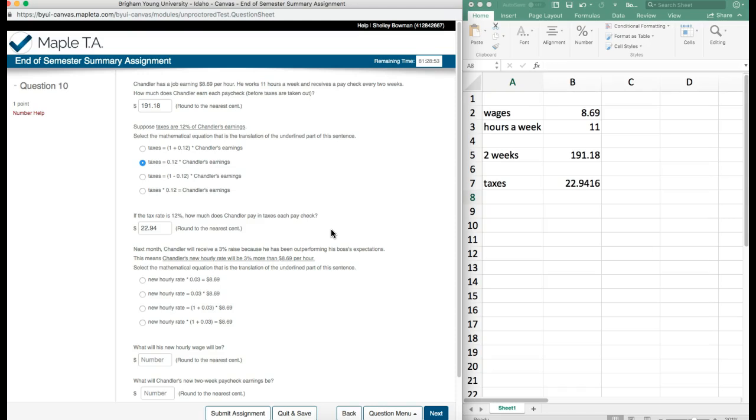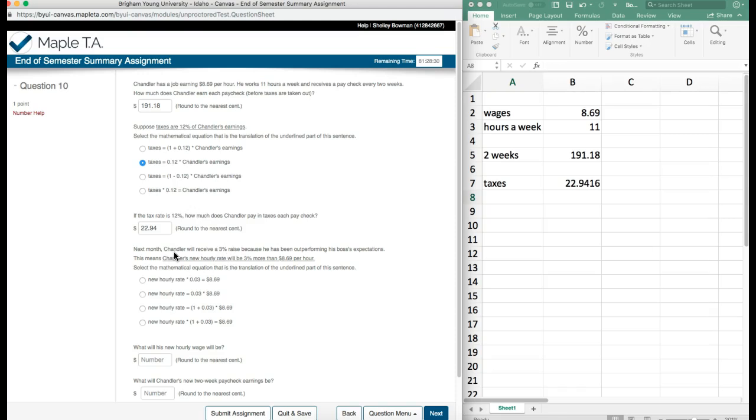Next, Chandler will receive a 3% raise because he has been outperforming his boss's expectations. This means Chandler's new hourly rate will be 3% more than $8.69 per hour. Select the mathematical equation that is the translation of the underlined part of the sentence. So we need to find his new hourly rate. "Will" is another variation of is or are, or yield. That's the equals.